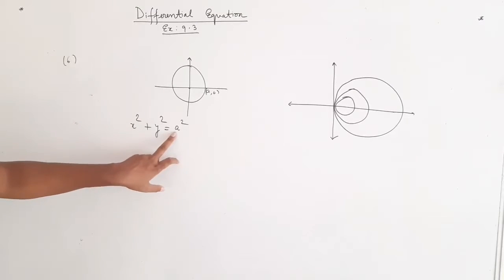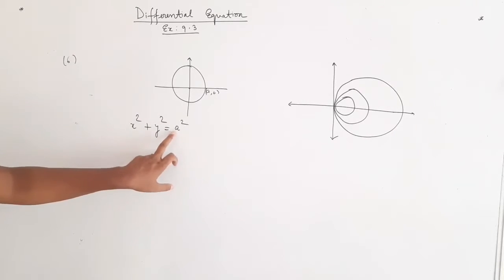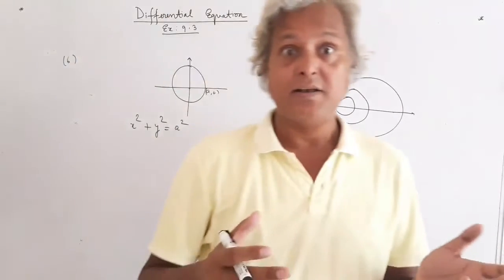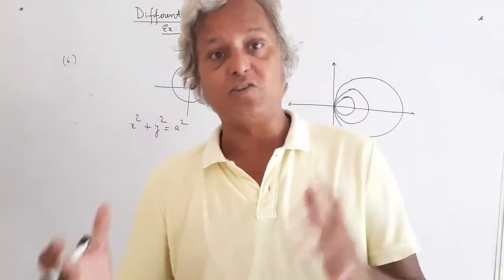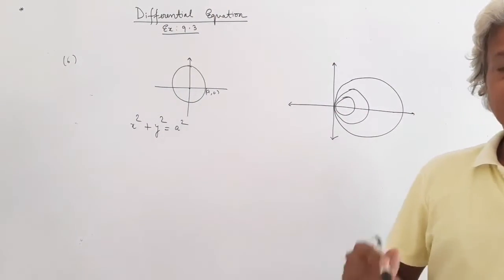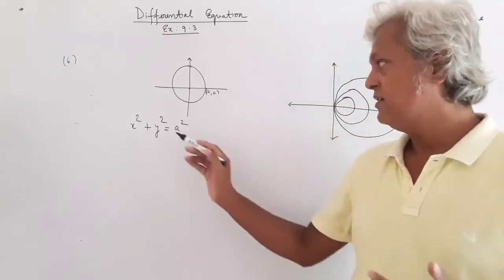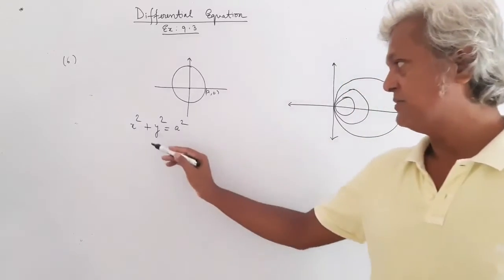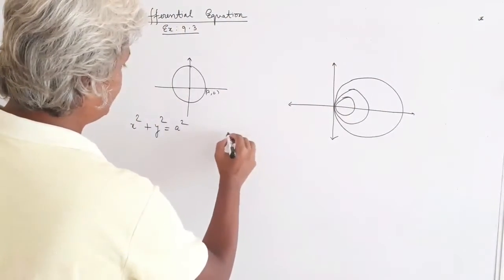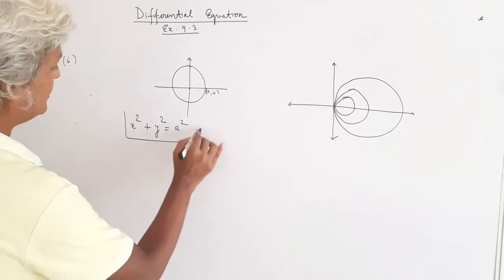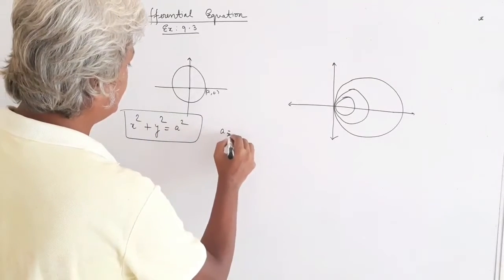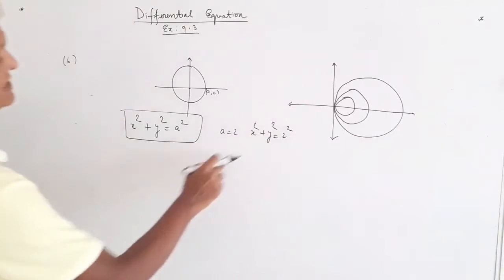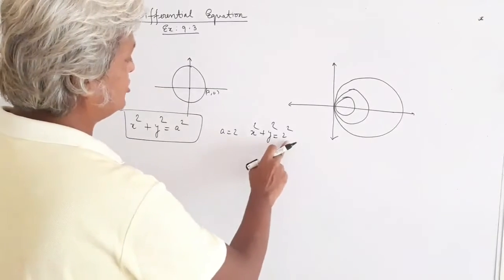Now just consider a as your arbitrary constant, or rather a parameter, where a is going to determine the value of x square plus y square. This is called the general equation, and if a becomes 2, then you get a particular circle, x square plus y square is 2 square. So this is the equation of the circle with the center (0, 0) and the radius 2.